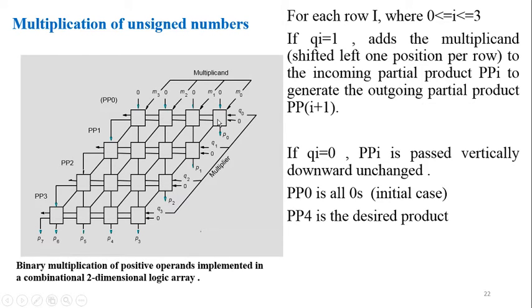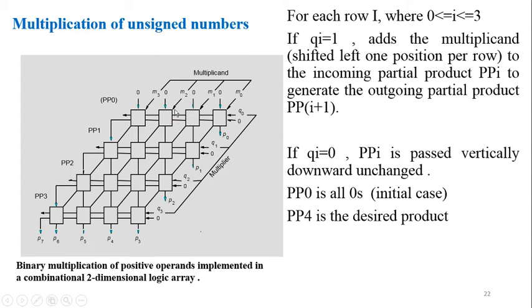After the multiplication of Q0 and M0, the carry out is passed to the next level. Here we perform Q0 into M1 and then add the previous carry value as well as the previous partial product value. Then a new partial product is generated and passed to the next level.